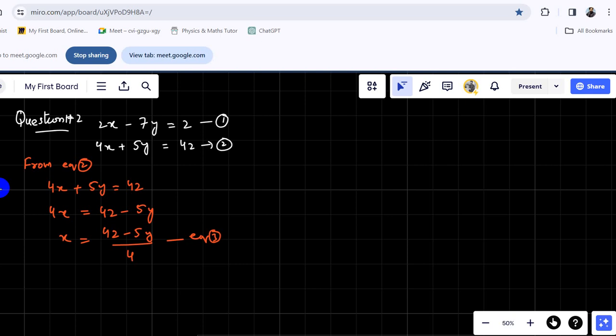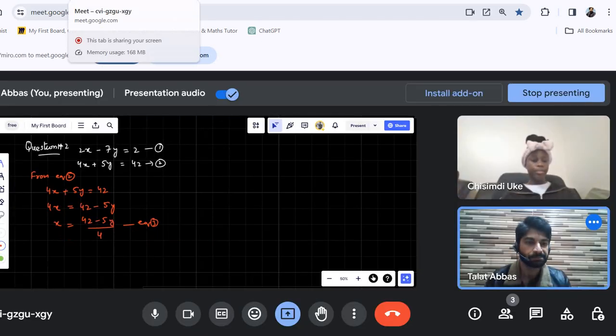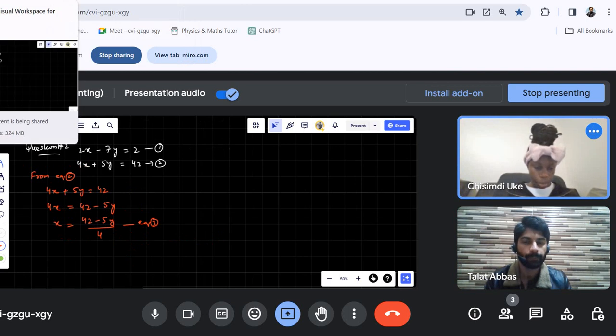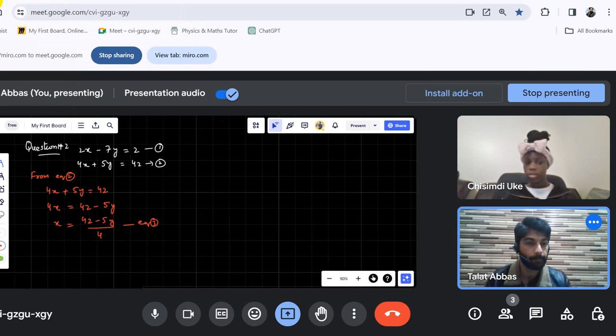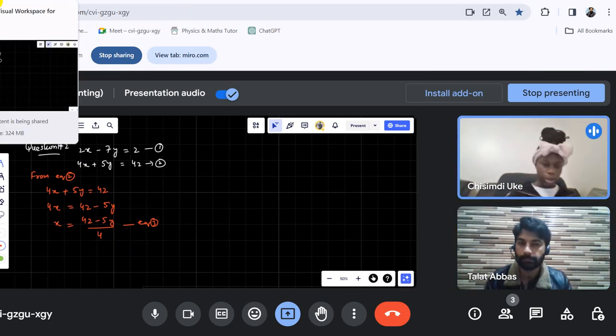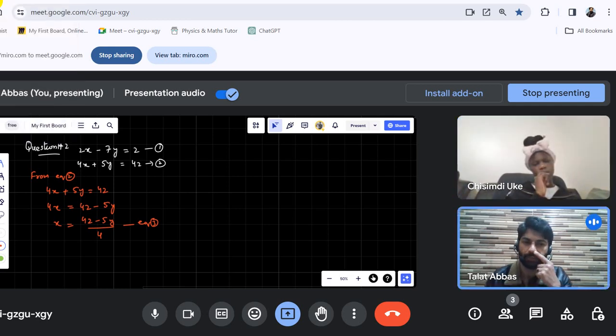So now what will be our next step after getting this value? To not split this fraction, just like this is our equation number 3. What we need to do after getting this equation?